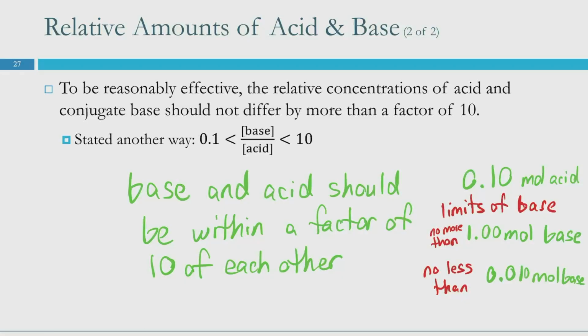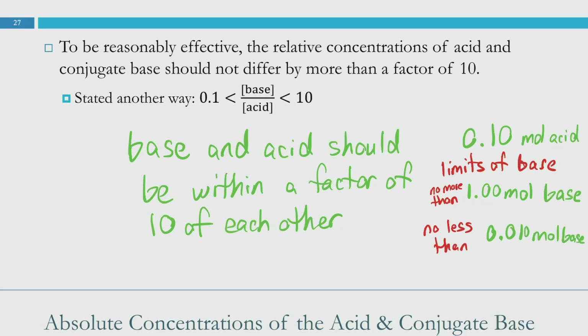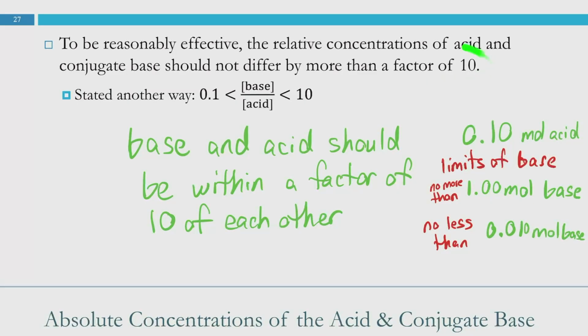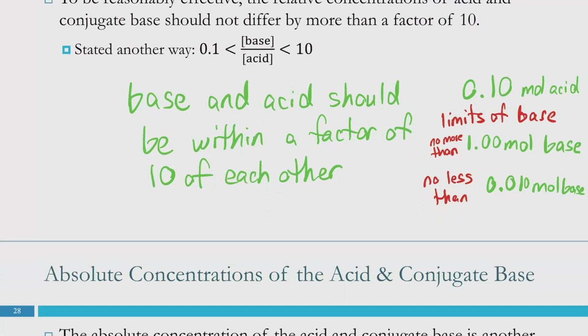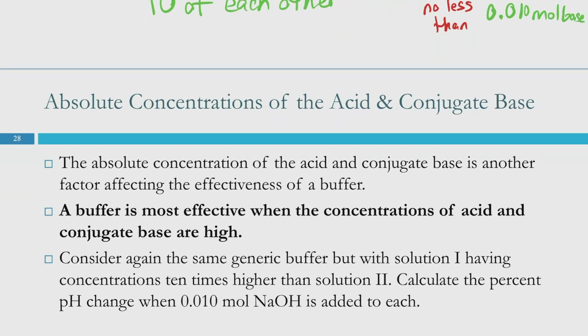This isn't to say that you can't have a solution where those are different by more than 10, where you also get some buffering action. It's just not going to be as effective, and so the general rule of thumb is that those should be closer than a factor of 10 from each other.